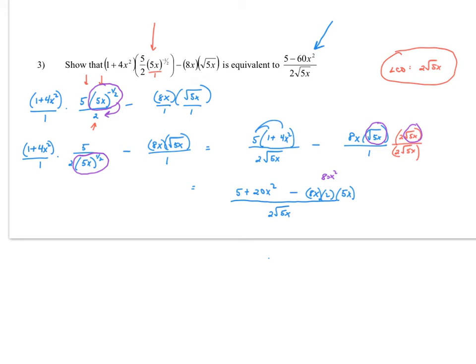Therefore, we can see that we're subtracting 80x squared. So, when we combine our like terms in the numerator, we get 5 minus 60x squared, all divided by 2 root 5x, which is what we want.